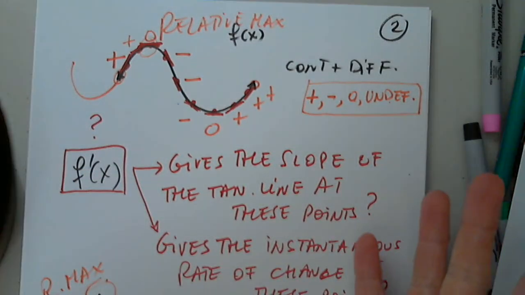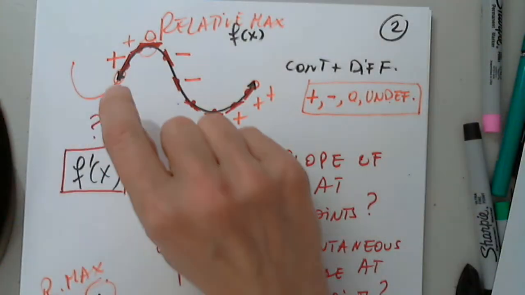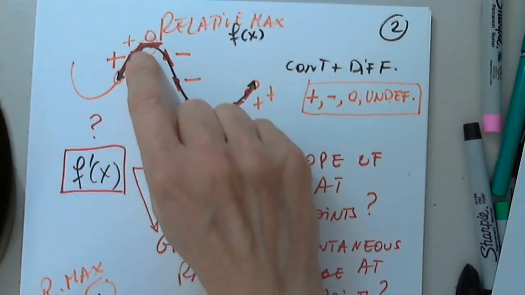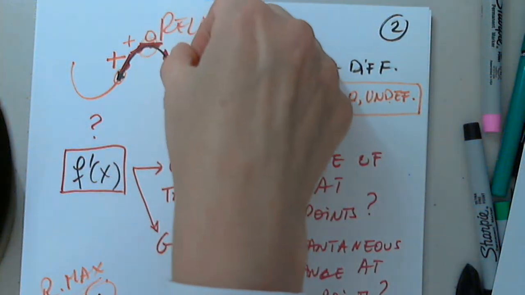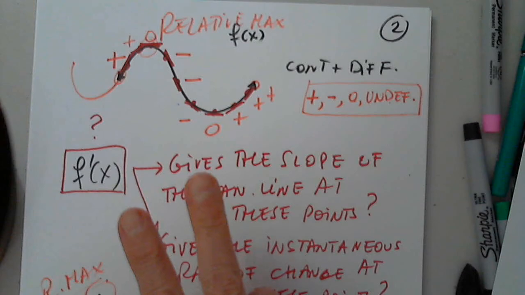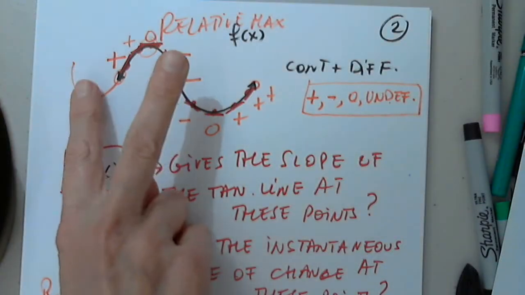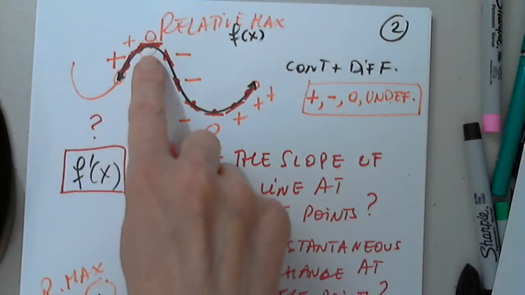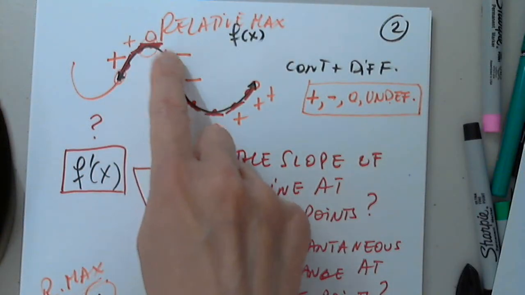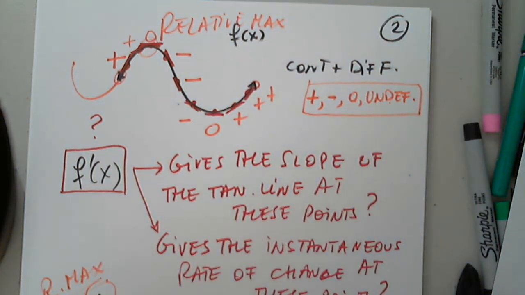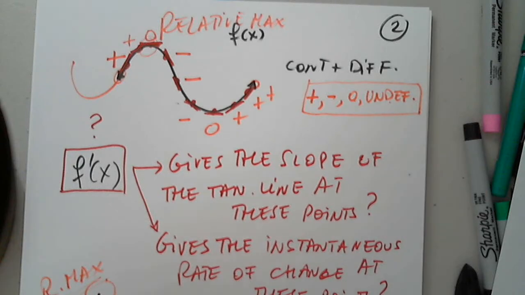What do I learn? First of all, I learn when the function is increasing because the derivative is positive. I learn where the function is decreasing because the derivative is negative. And also, if there is a sign change of the derivative, I get a maximum or potentially a minimum. So two things, and I'm going to write this down and then go back to the problem at hand.